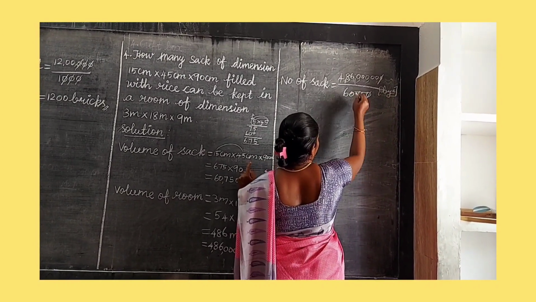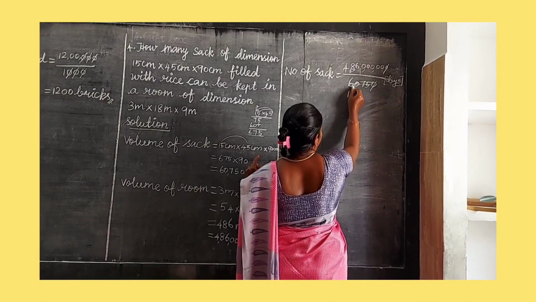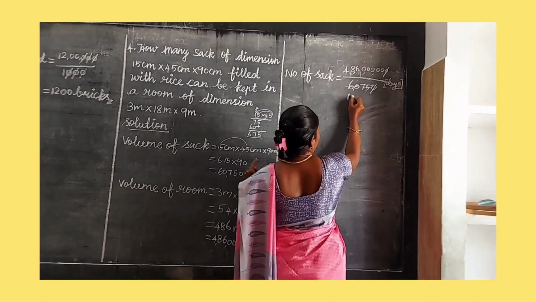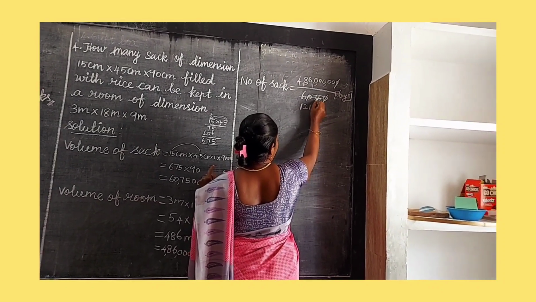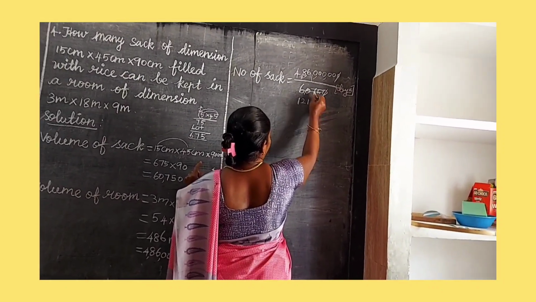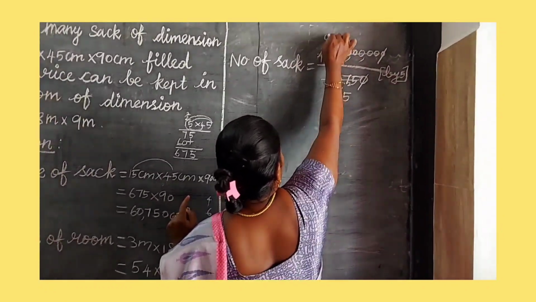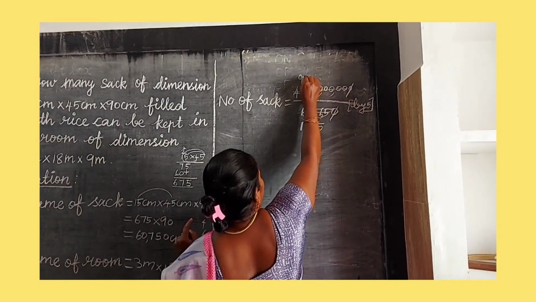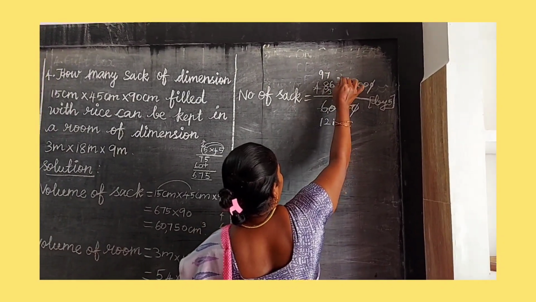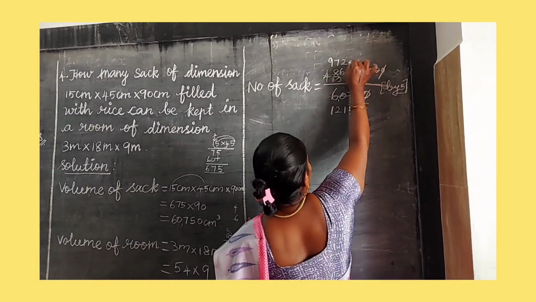In the 5 table, 1 five is 5, carry 1, 2 fives are 10, again 1 five is 5, carry 2, 5 fives are 25. Now cancel the other value. 9 fives are 45, carry 3, 7 fives are 35, carry 1, 2 fives are 10, and the remaining 4 zeros we write.